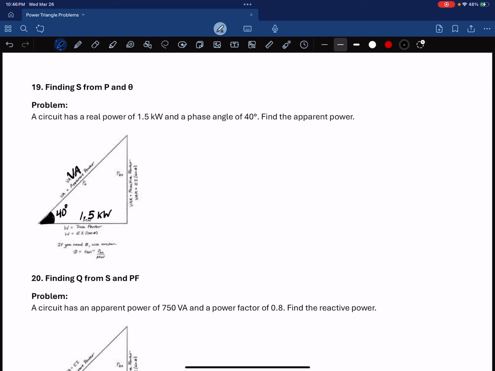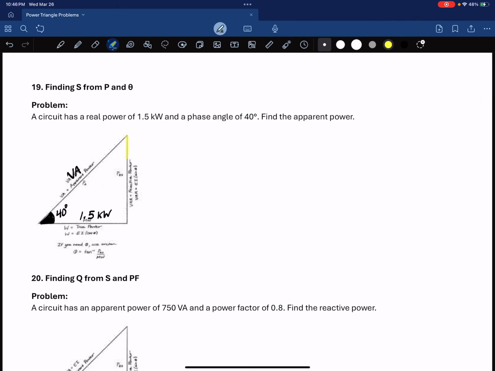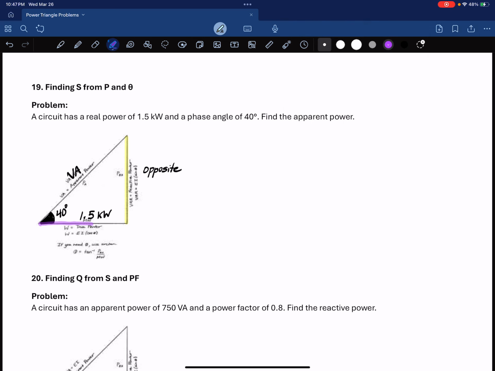All right, so since we're dealing with a ratio, let me put those lines in for you, or for me. So here is opposite, because remember, everything is from the perspective of theta. And then we have adjacent, because it's touching theta.